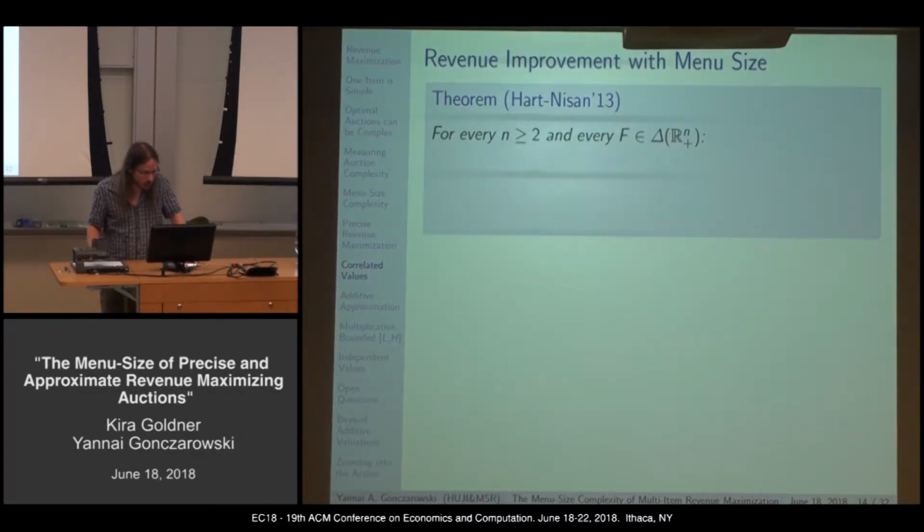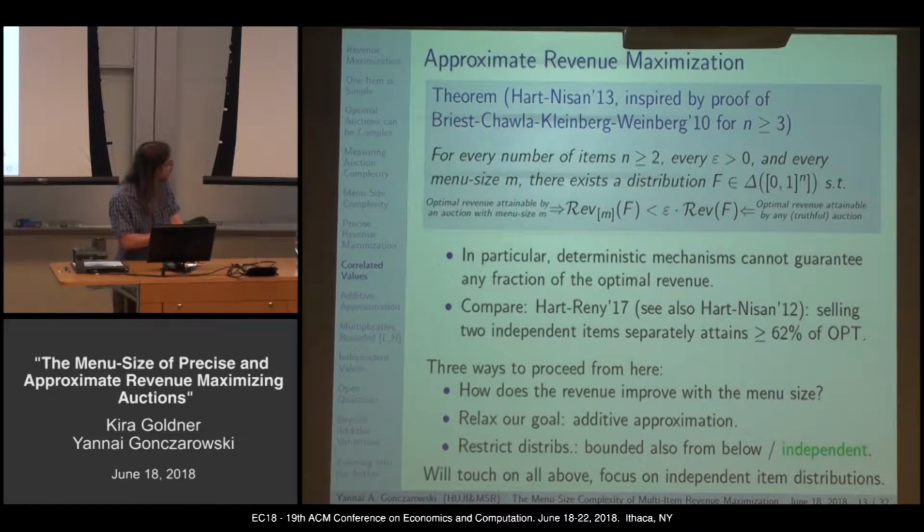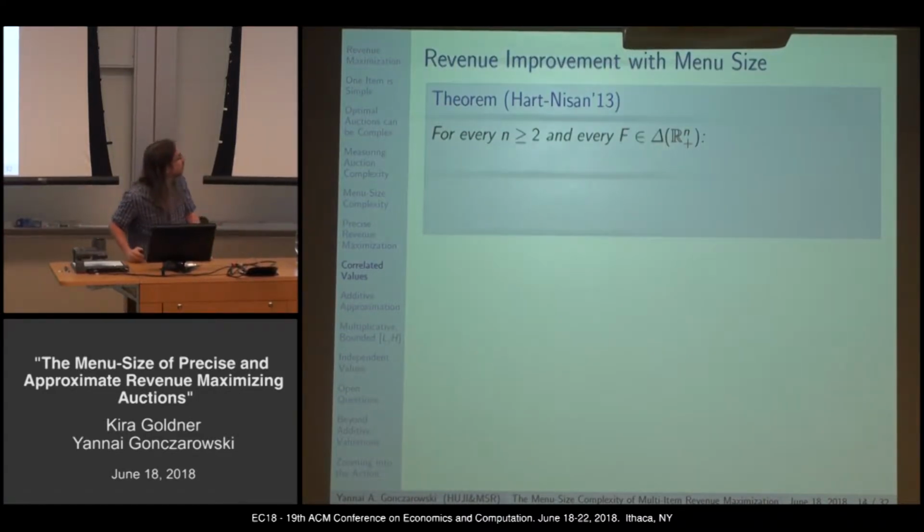Okay, so let's start with this option of saying, a specific menu size guarantees nothing as a fraction of the optimal revenue, but maybe if we increase the menu size, we get more compared to a smaller menu size, even though both are going to be negligible compared with the optimal revenue. So here's the main theorem due to Hart and Nisan 2013.